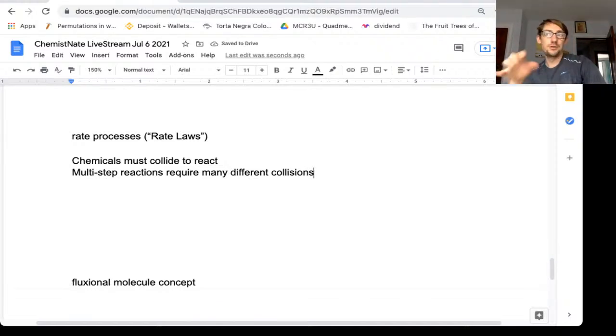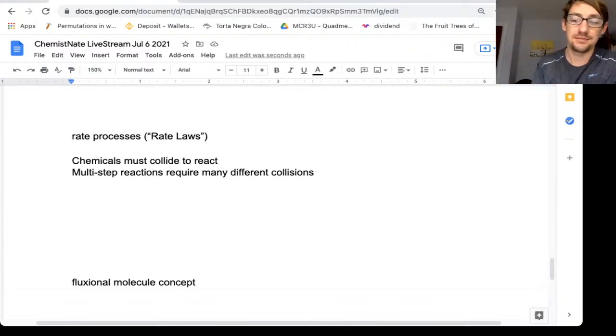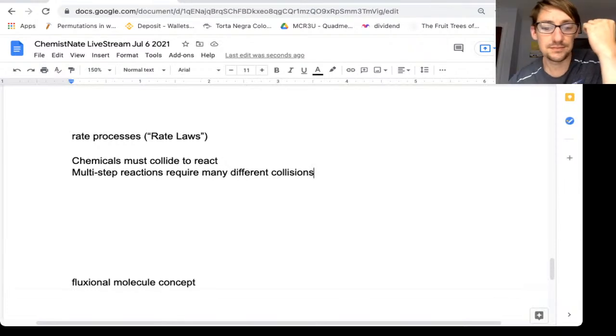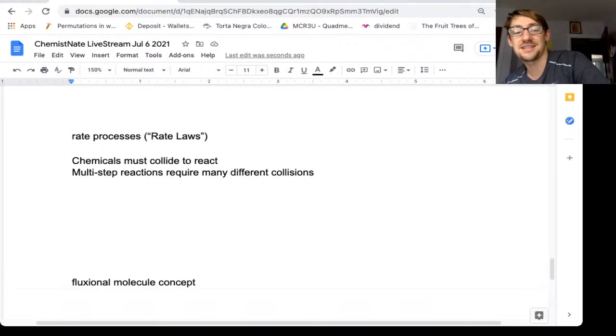But molecules are moving around so quickly, as long as you're in either the gas or liquid phase, that you can usually count on the collision to happen eventually.